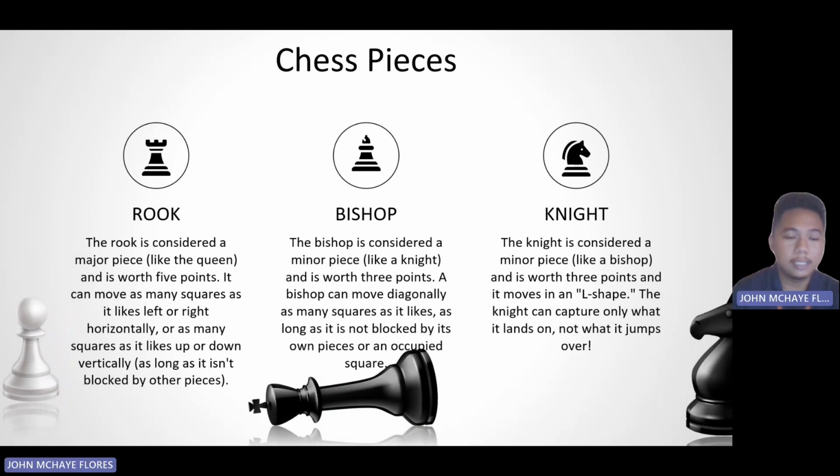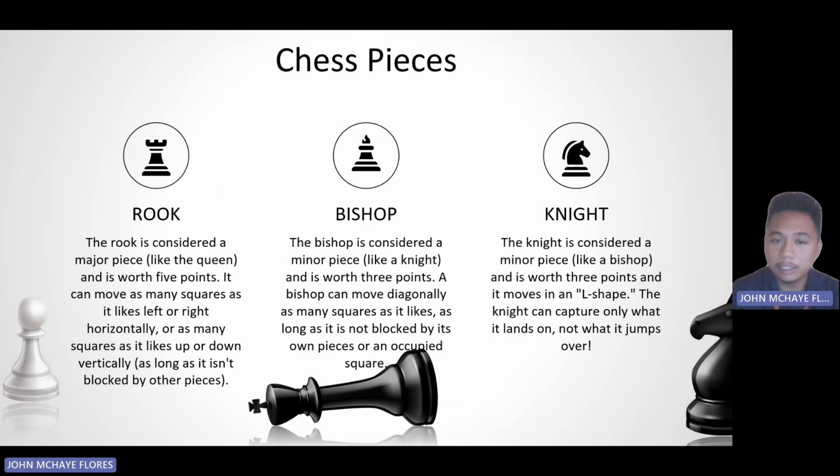Next, another chess piece is the rook. Rook is considered a major piece, like the queen, and its worth is 5 points. It can move as many squares as it likes, left or right horizontally, or as many squares as it likes, up or down, vertically, as long as it isn't blocked by other pieces.